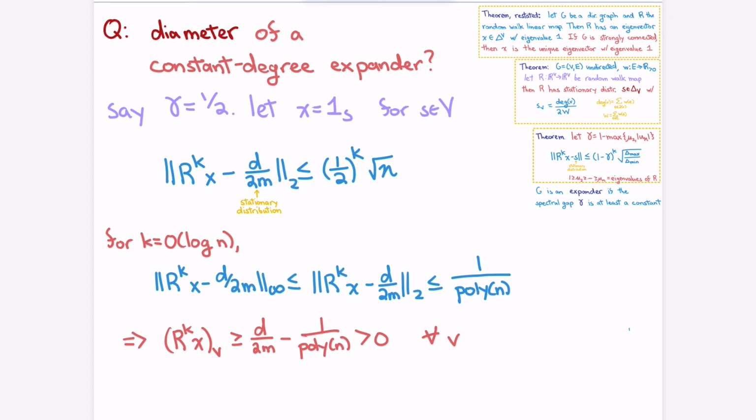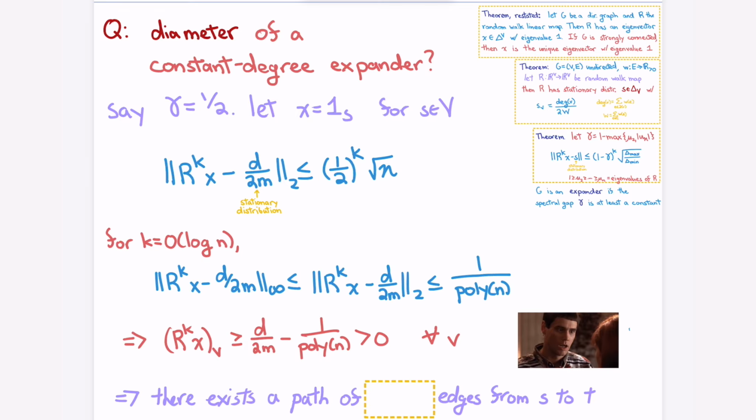What does that tell us? It means you can get there in 10 log n steps. There's some path of log n edges from s to any other vertex.